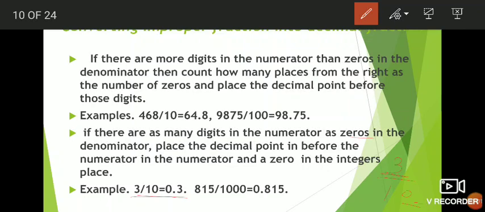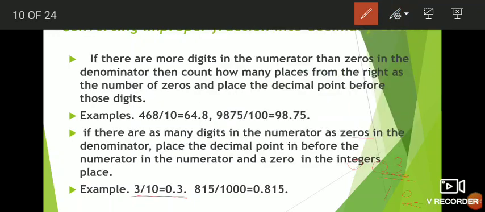Means here what is the condition they told? There are as many digits in the numerator as the zeros. Zero is one digit, and in the numerator also 1 digit is there. So what we have to do? Before that numerator we have to place 0 in front. If we write so many zeros in front of the digit, its value is not changing.